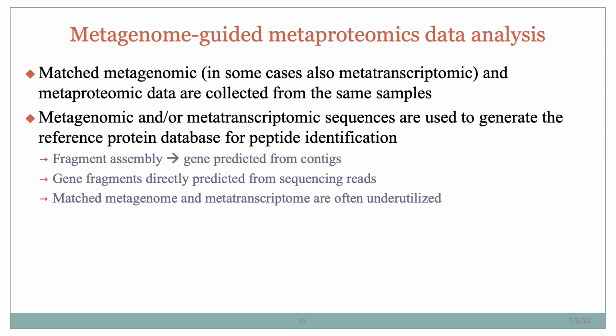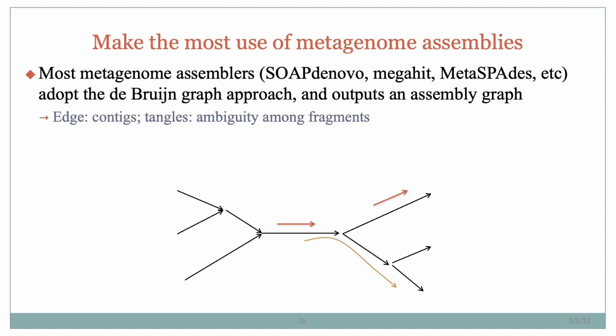So if we can assemble those metagenomic and/or metatranscriptomic data into contigs, from there we can generate a reference protein database for peptide identification. The problem is usually that the assemblies of metagenomes won't be very good because of the ambiguity among the fragments.